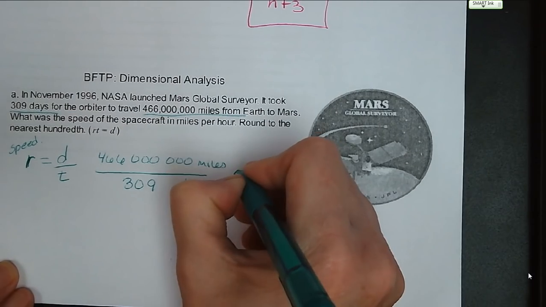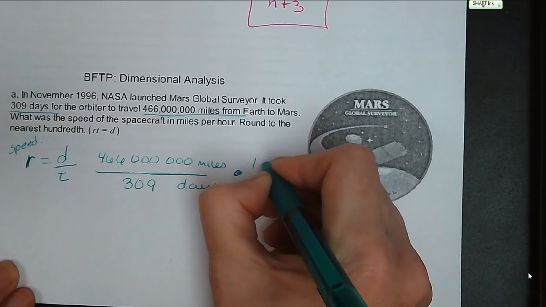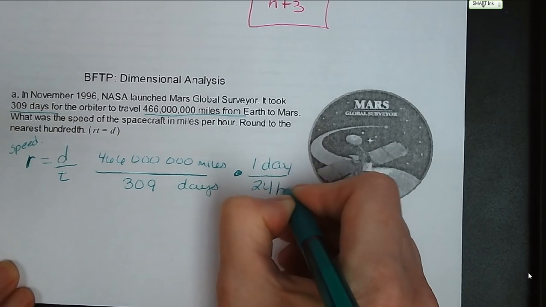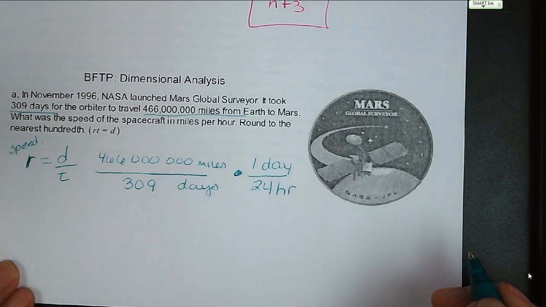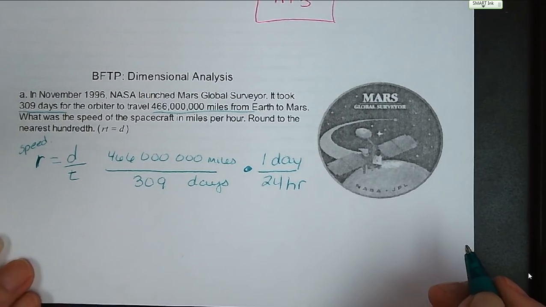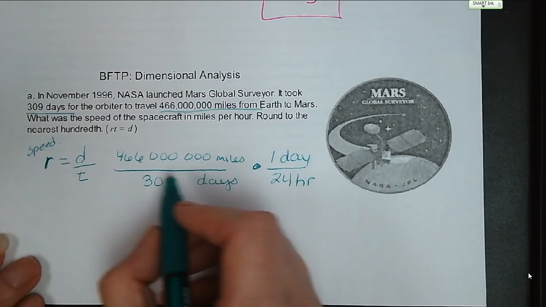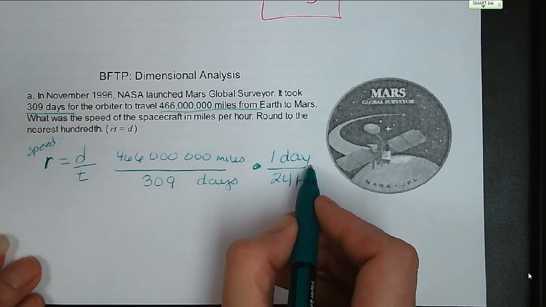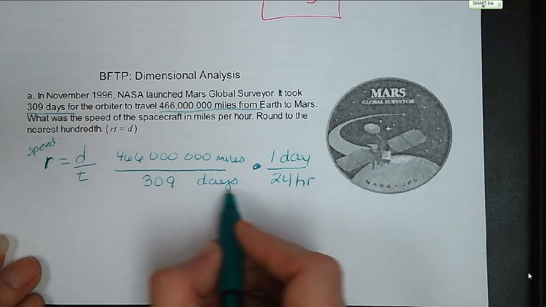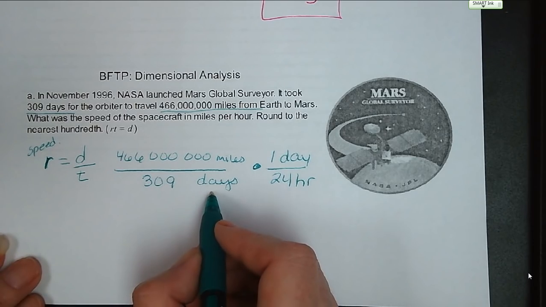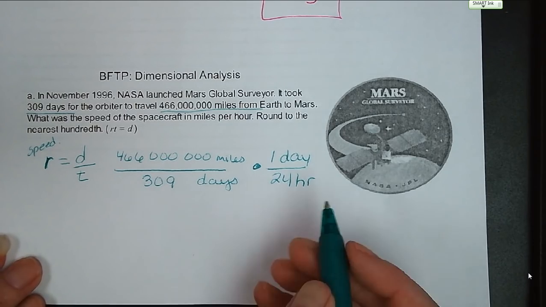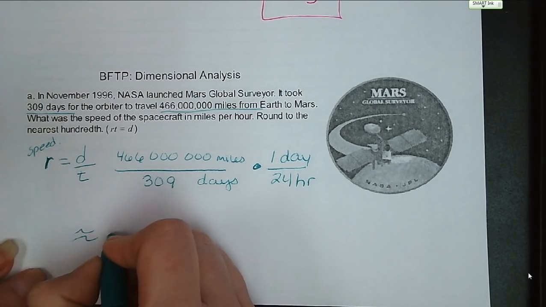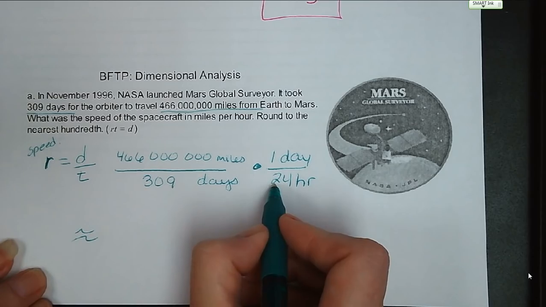So we just need to convert days to hours. So 1 day is 24 hours. And all we got to do is multiply across and then do the division. So we have 466 million over 309 times 24. 309 times 24 is 7416.